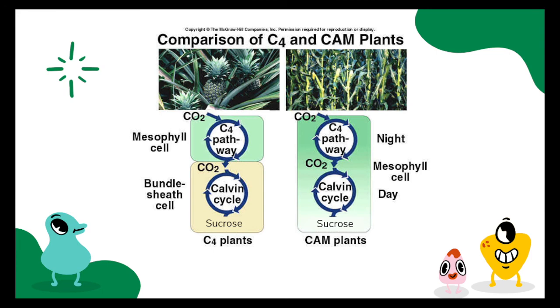Okay, so let's just compare the C4 and CAM plants so we can understand this better. Again, if we say C4 plants, they just have 2 different places to do the job. They have the mesophyll cell and they have the bundle sheath cell. And then for CAM plants, they do it separately depending on the time of day. If it's nighttime, CO2 will enter.